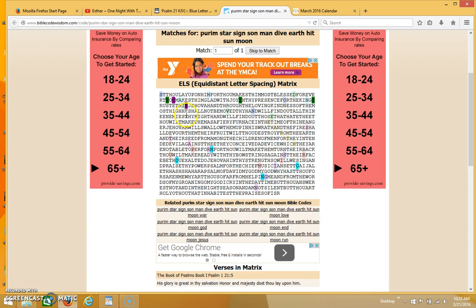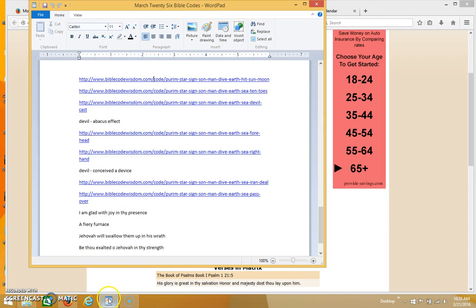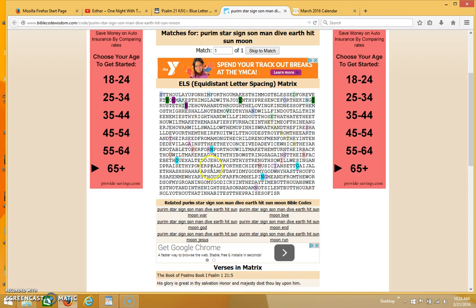And this is interesting. I had noticed the word right hand over here. So I had actually put some terms in the table about that because I didn't know if it had to do with the mark of the beast. So I tried some other terms, and I'll show you those in a minute, and those came up as well.